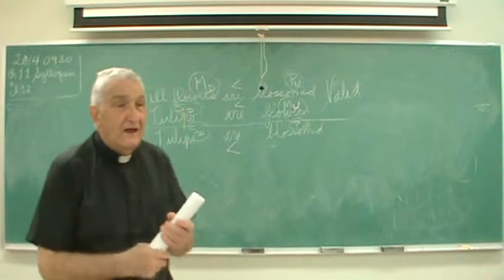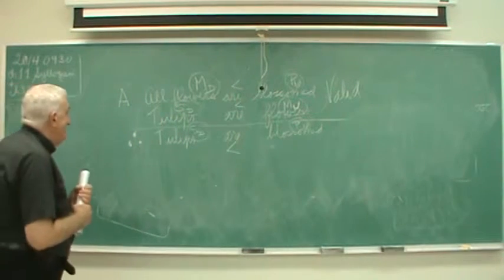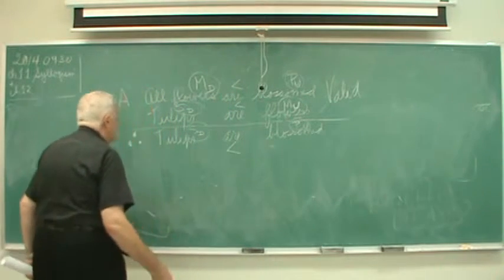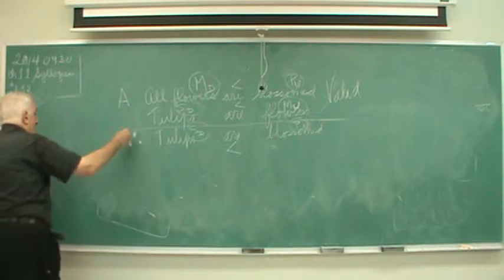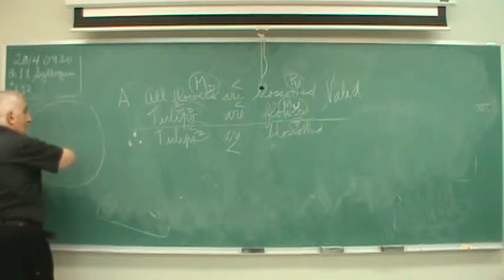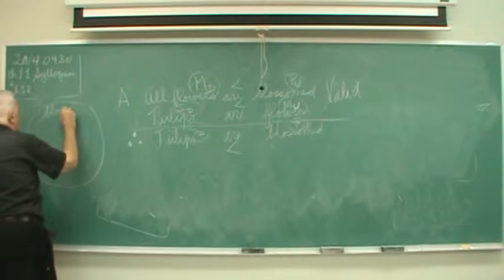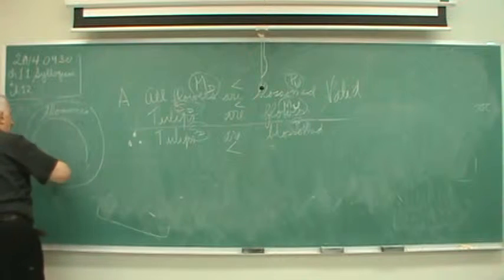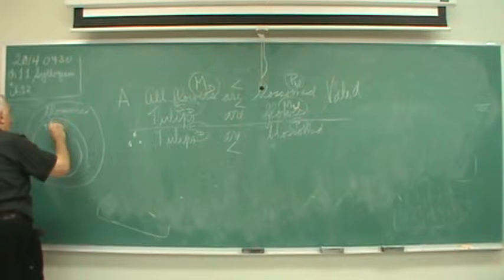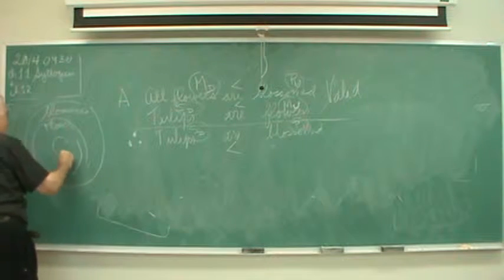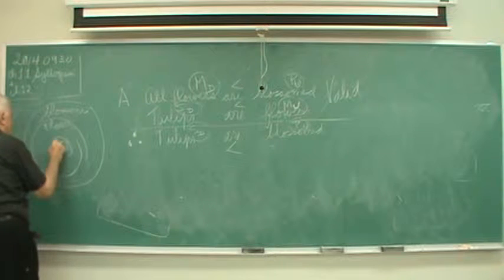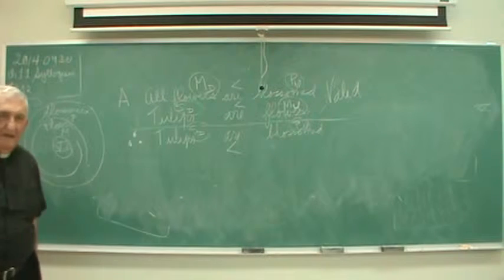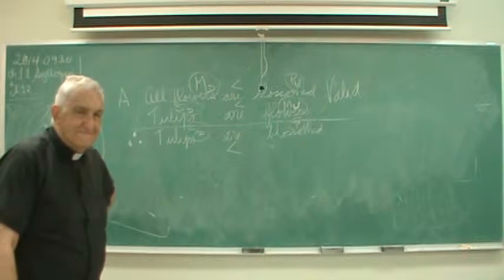Sorry, in the minor, if we're drawing a Euler circle, I don't see how the middle term can be. Okay, so here we have all the things that have blossomed. Among the things that blossom, you have flowers. And among flowers, you have tulips. So the subject, the middle term, and the predicate. It's still part of.